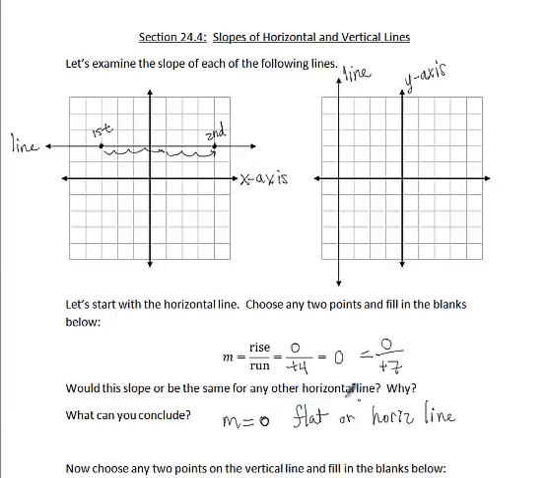These are sort of cause and effect. If someone told you that you had a line and the slope is 0, then you should know that it's a horizontal line. If someone tells you, I'm going to hand you this horizontal line, then you should know that the slope is 0. So these sort of go hand in hand together.